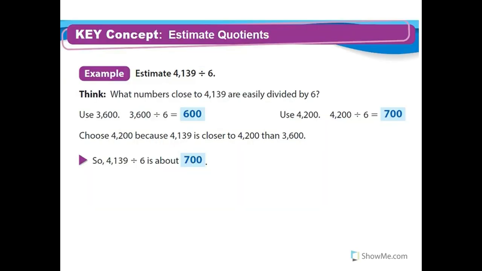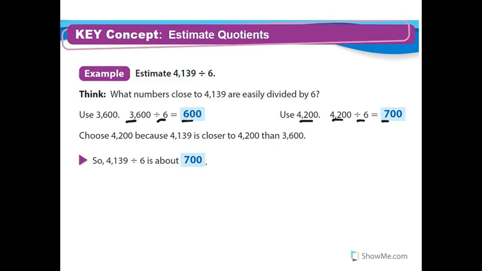As you can see in our key concept, estimate quotients. They're going to estimate 4,139 divided by 6. And they want you to think, what numbers close to 4,139 are easily divided by 6? Well, you can use 36, right? Because 36 divided by 6 is 6. Math facts, using those division facts. And then we can use 42. 42 divided by 6 is 7.